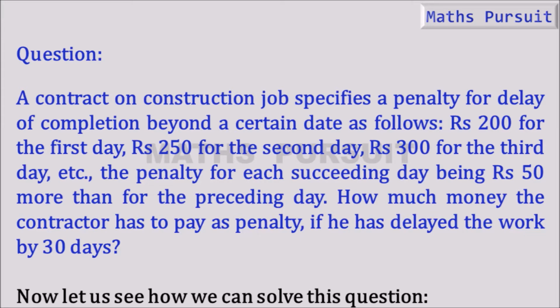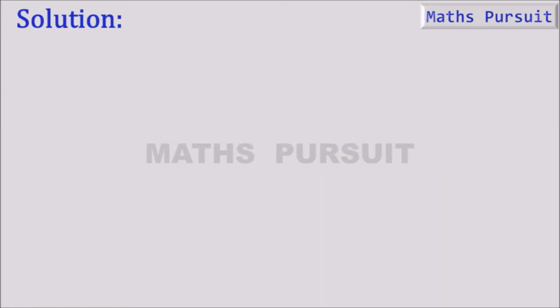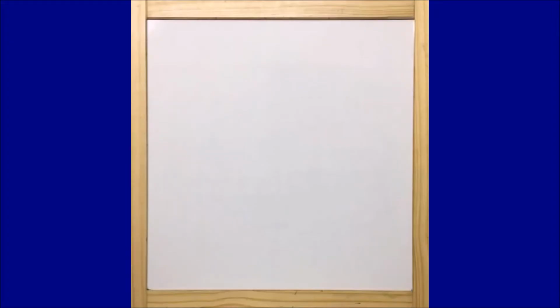Now let us see how we can solve this question. Moving on to the solution. As per the question, a contract on construction job specifies a penalty for delay of completion beyond a certain date as follows: rupees 200 for the first day, rupees 250 for the second day, rupees 300 for the third day, etc. The penalty for each succeeding day being rupees 50 more than for the preceding day.